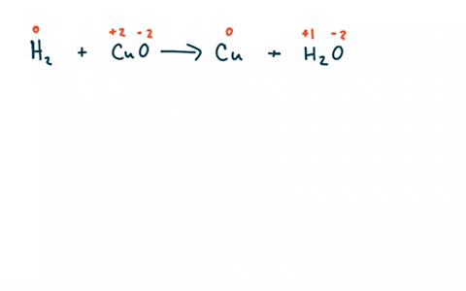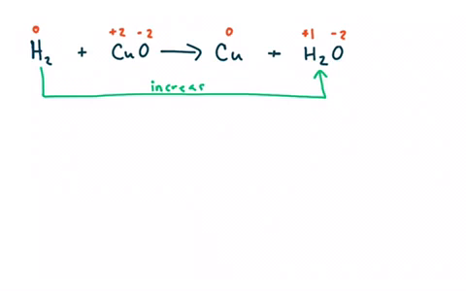So if I take a look at hydrogen, what I notice is that going from left to right, that's the way we'll read it, the oxidation number is increasing. Okay, and it's increasing specifically from 0 to +1.